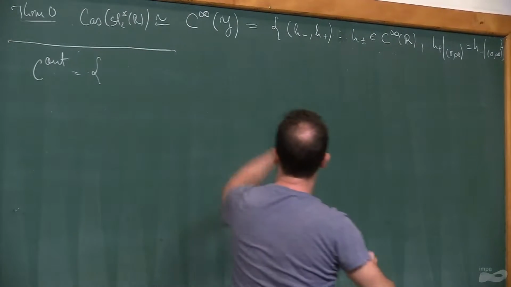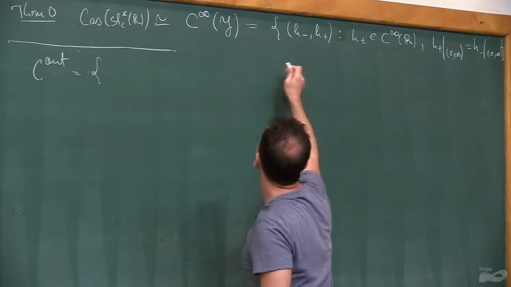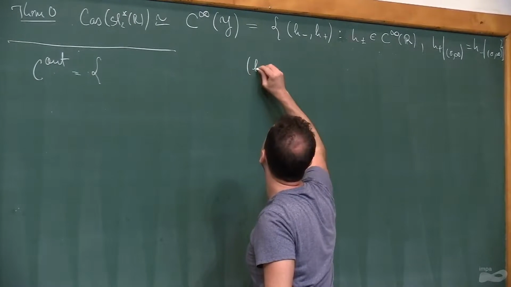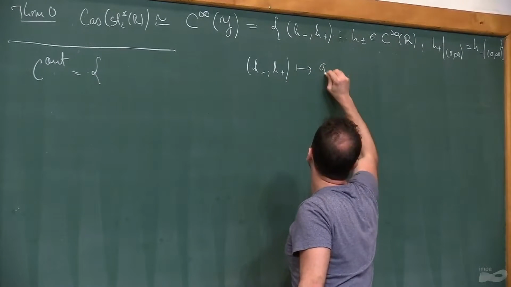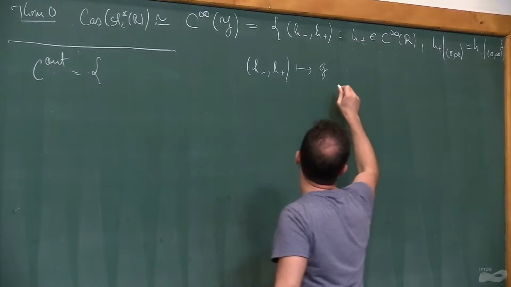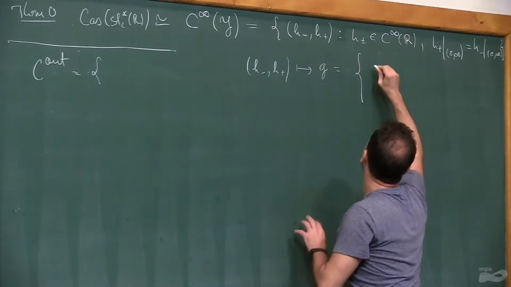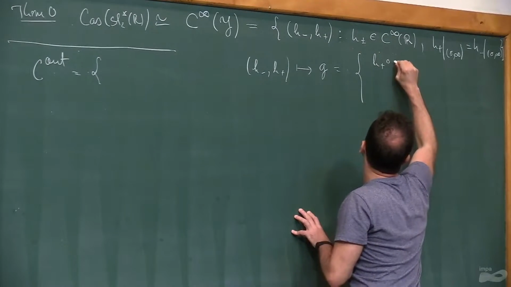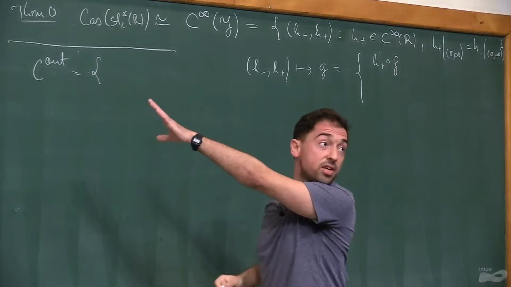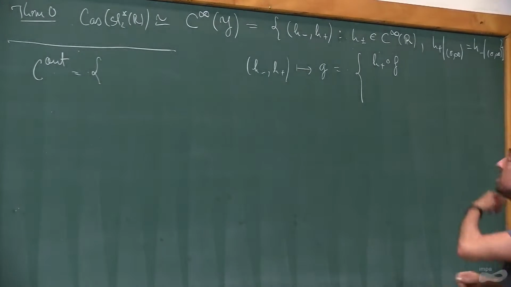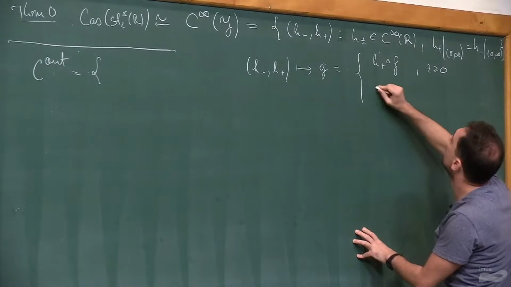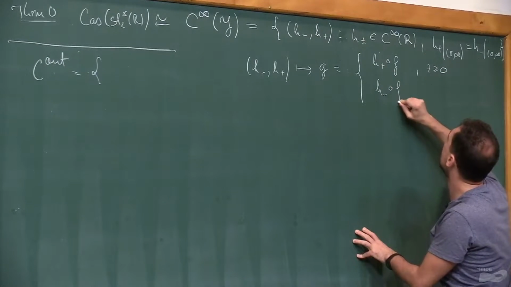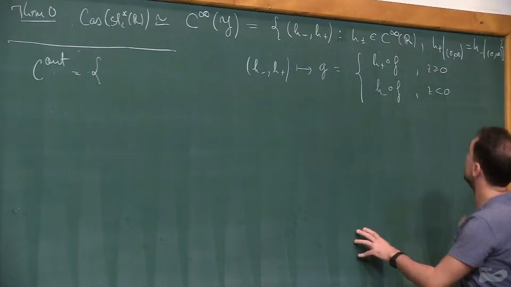I'll write this more explicitly. The assignment h minus, h plus goes to the function g, where g is given by h plus composed with f, being this standard Casimir, x squared plus y squared minus z squared, for z positive, and h minus composed with f for z negative.